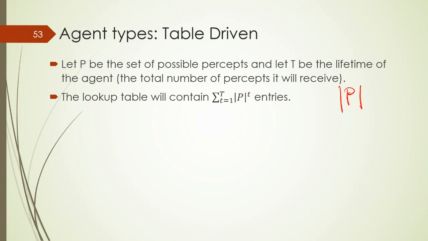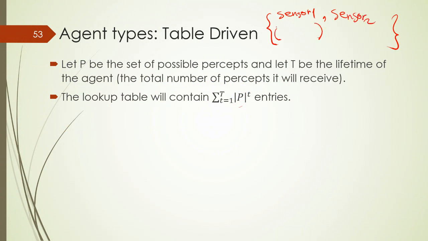So P is the number of actions, the set of possible percepts. You might have, I don't know how many sensors. Each sensor might give you how many different inputs. Let's say I have sensor 1 and sensor 2.